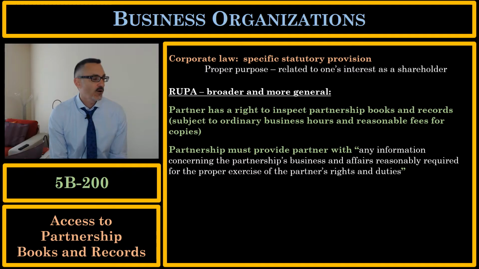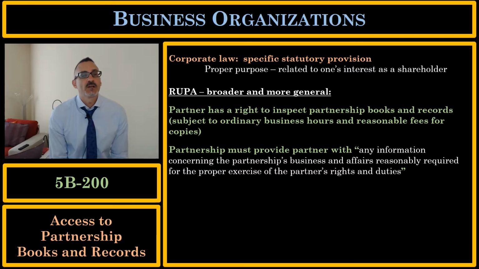So a partner has a right to inspect partnership books and records subject to ordinary business hours and reasonable fees for copies, etc. Now, that's when the partner demands access to books and records.